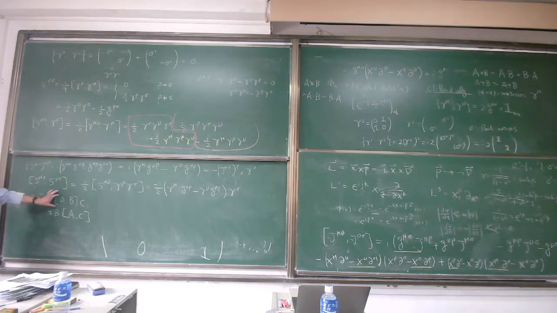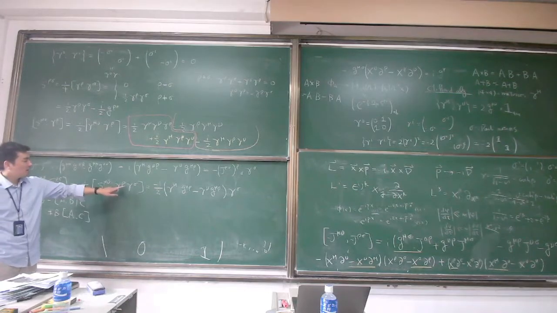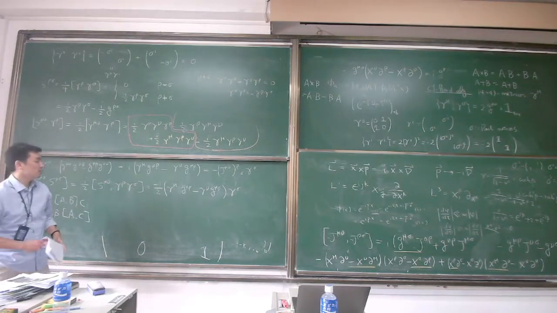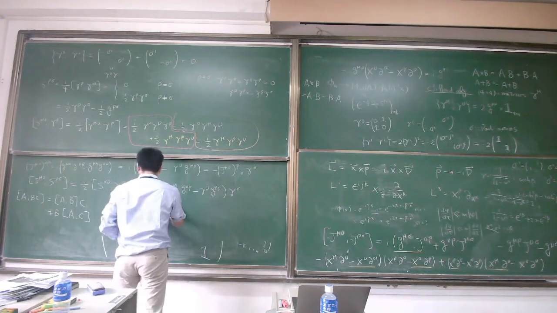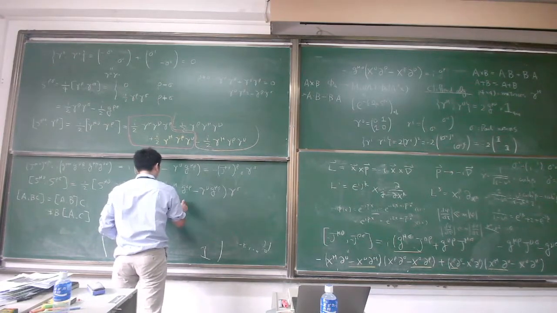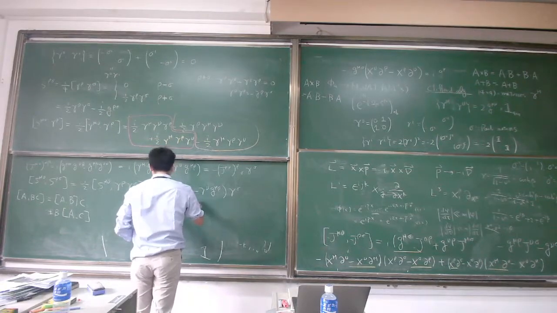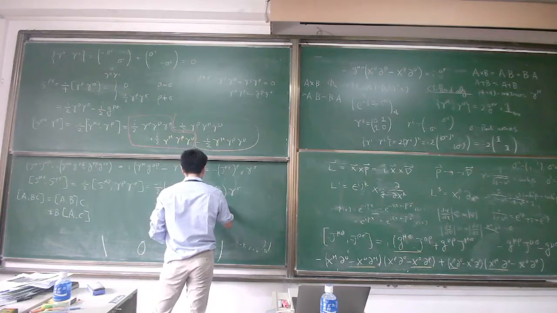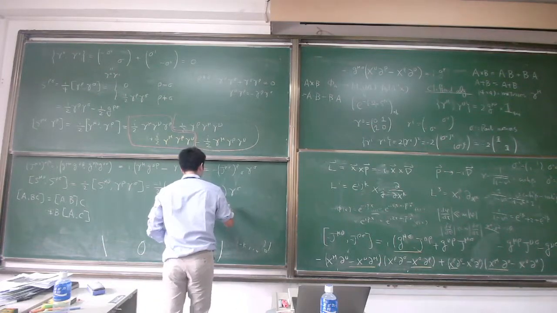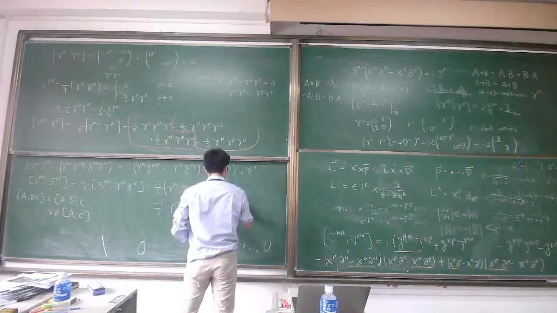Anyway, I finished this part, and next is this one. Just change rho to sigma, so therefore this one is equal to sigma gamma mu g mu sigma minus gamma mu g mu sigma.